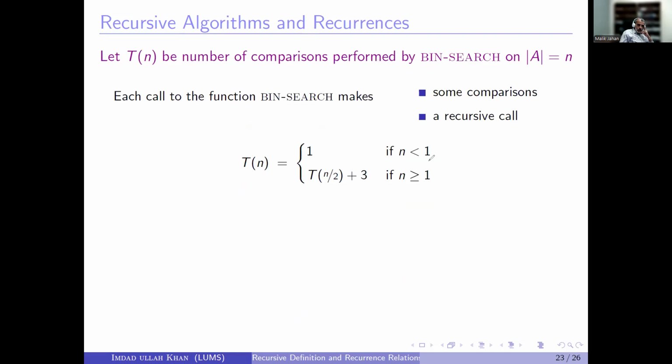If the size of the array being considered is no more available, since we have been cutting the array into pieces repeatedly, so if n is smaller than 1, then the number of comparisons required is 1. For larger values of n, the number of comparisons is 3 in every function call, plus each recursive call runs on an array of half the size. So T of n over 2 is the number of steps required to process the array of size n over 2.